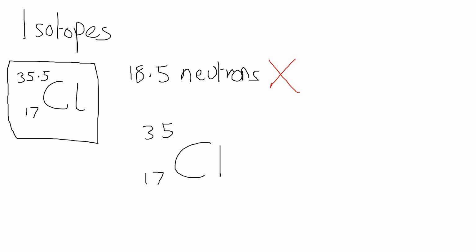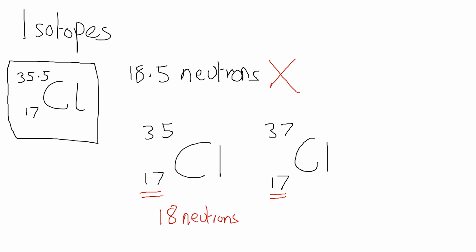One of these is chlorine 35, and the other one is chlorine 37. So we've got two versions of chlorine. They are both chlorine because the atomic number is 17, but can you see that the mass number is different? And therefore, chlorine 35 has 18 neutrons, whereas chlorine 37 has 20 neutrons.